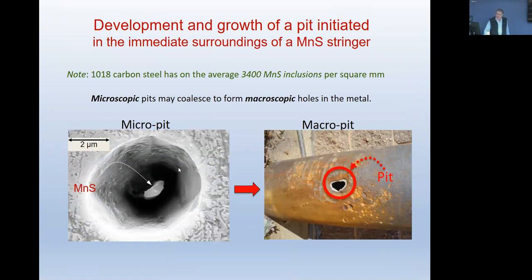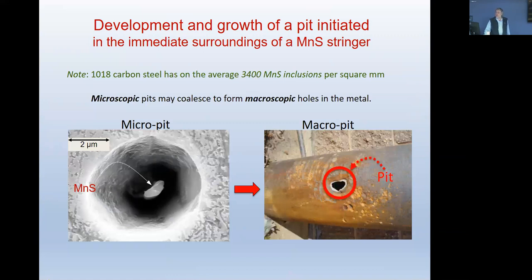It's the micropit. When the acidity increases, this starts dissolving, generating abiotic sulfur and hydrogen sulfide, and then essentially the pit grows. And one of my students, Brett, did a thesis on that. He counted these manganese sulfide inclusions inside this carbon steel.